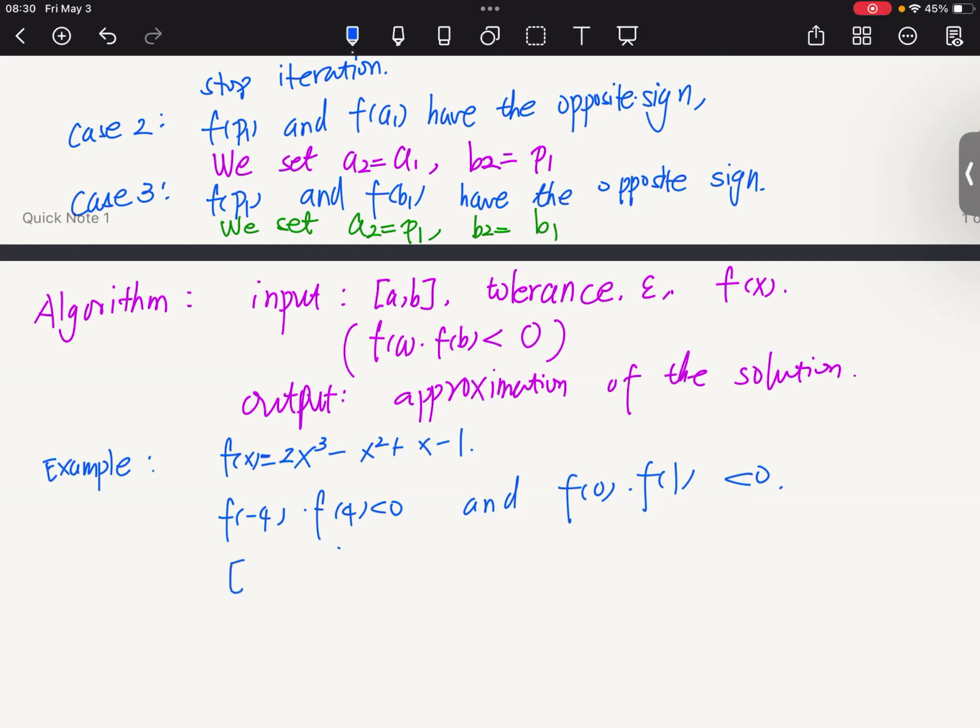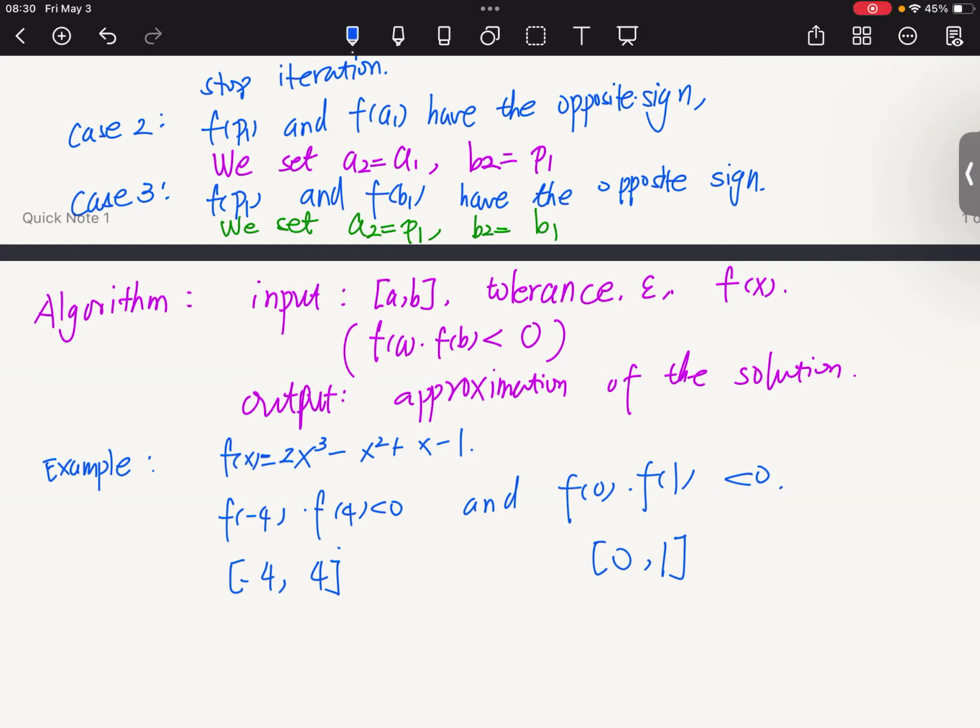So I have two intervals, right? -4 and 4, and I have another choice, 0 and 1. Which one would I use as my input here? I would use this one because I have a smaller interval to begin with, and it also satisfies this condition here.